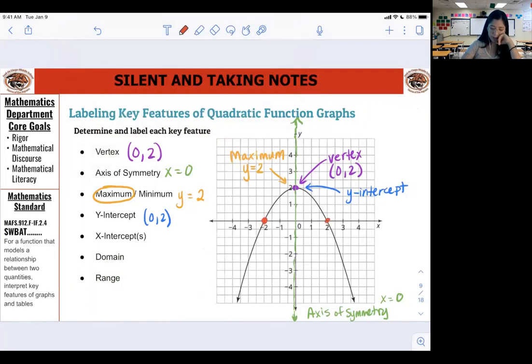Good. There's 2 of them. So the x-intercepts are 2 comma 0 and negative 2 comma 0.